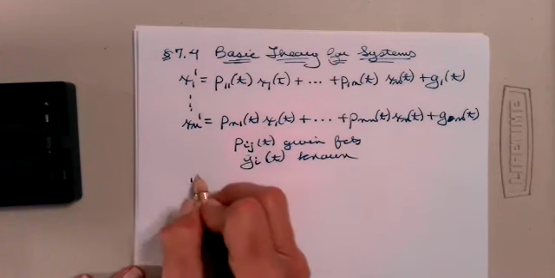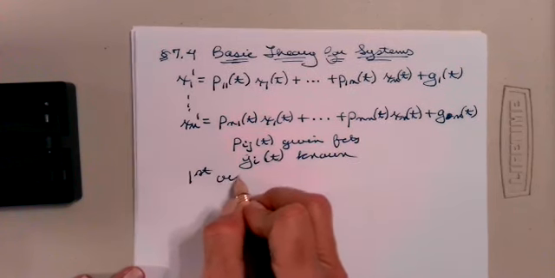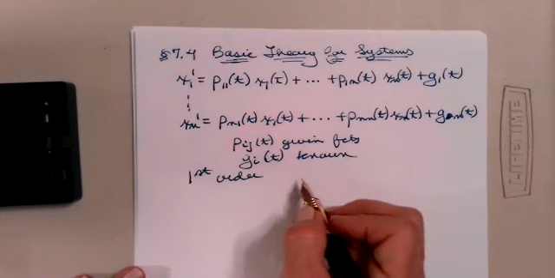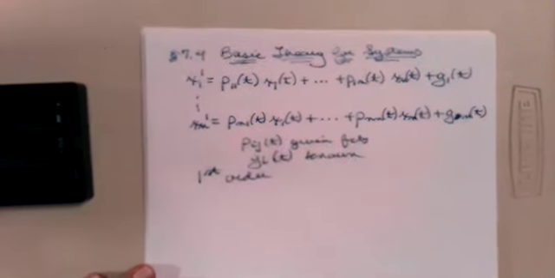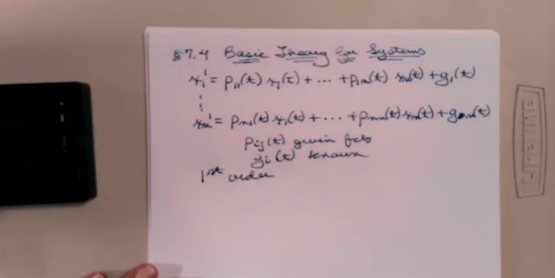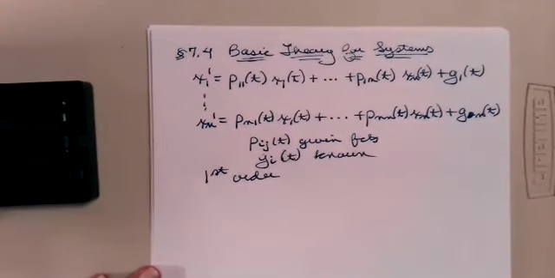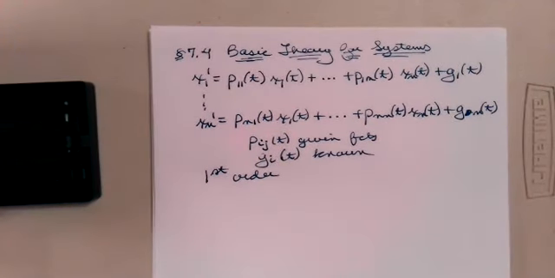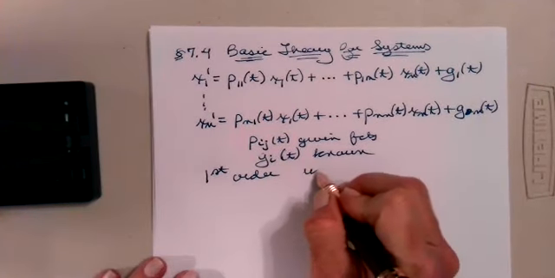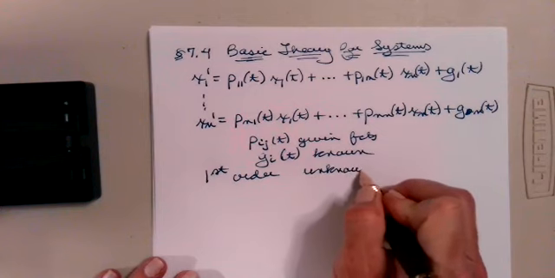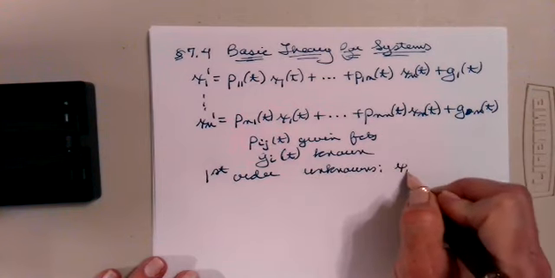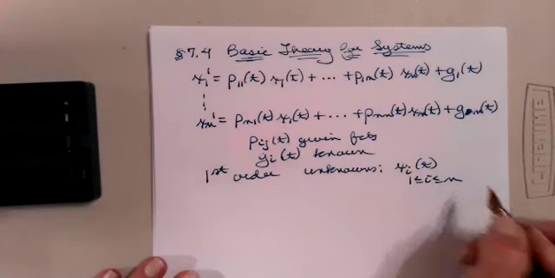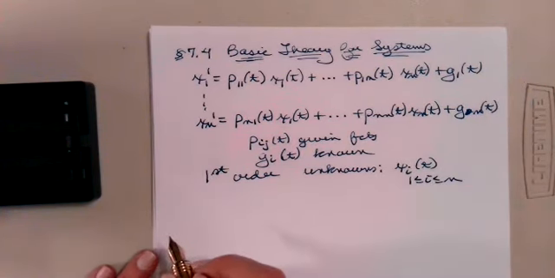So this is a first order system. It's inhomogeneous if the G's aren't zero. So it's a first order inhomogeneous system. And our unknowns are the functions x1 up to xn of t. Those are the ones we want to solve for.